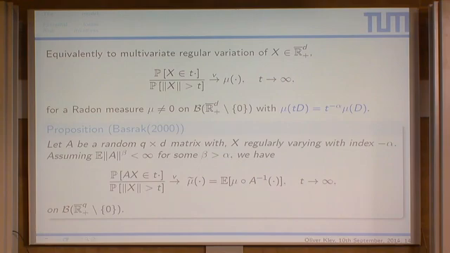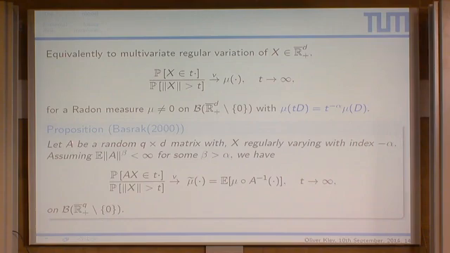Of course, this mu also has a certain relationship with alpha: if you consider mu of t times D, then t comes out with the exponent minus alpha.